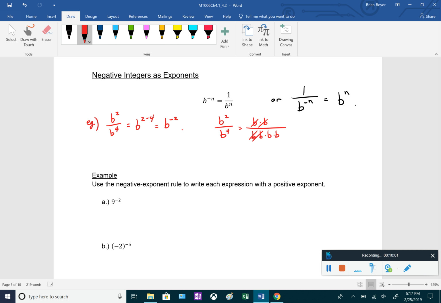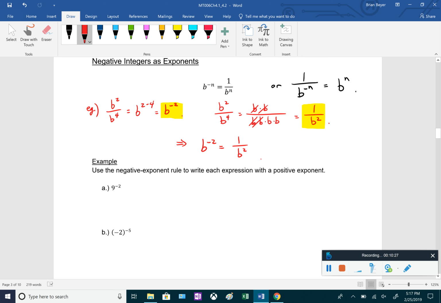Two b's in the numerator and denominator will cancel. We'll be left with 1 over b times b, so 1 over b squared. Since we started with the same thing on both of these and we got two separate answers, these separate answers have to be equal. So that means b to the negative 2 has to equal 1 over b squared.